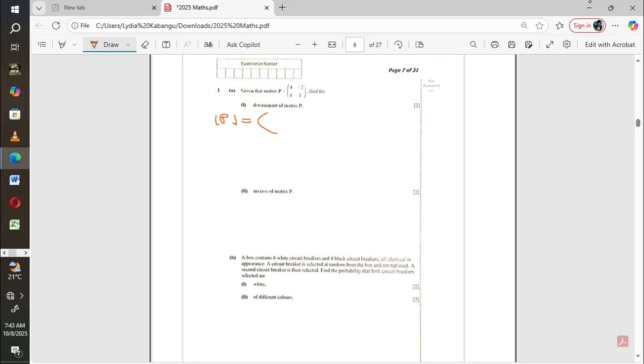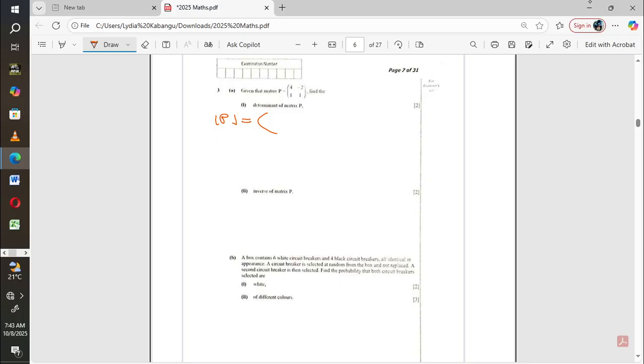We subtract the product of the minority numbers from the product of the major numbers. The major numbers are 4 and 1.